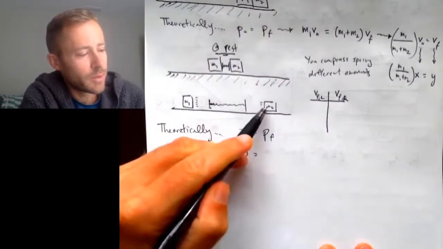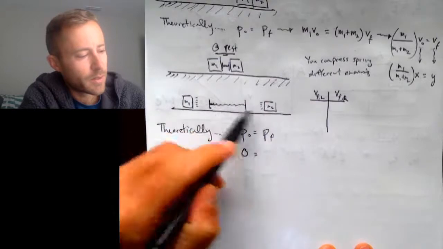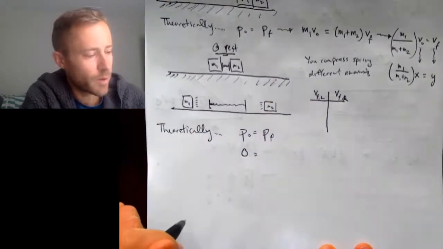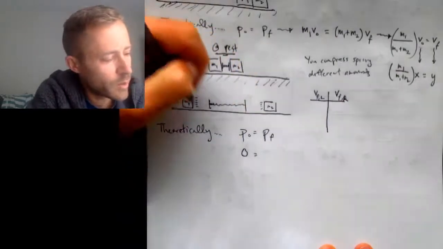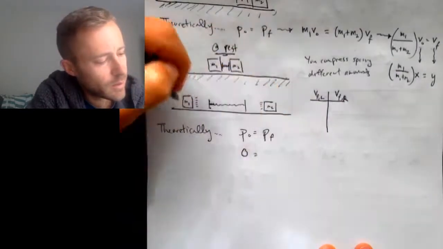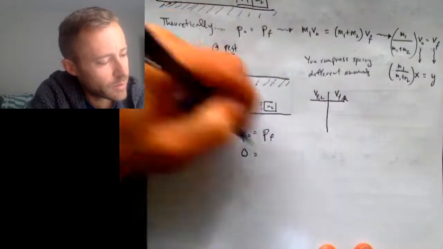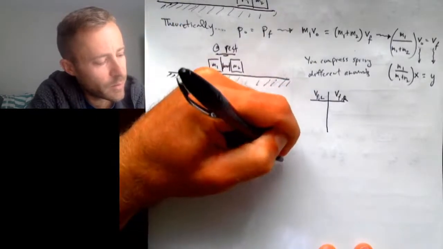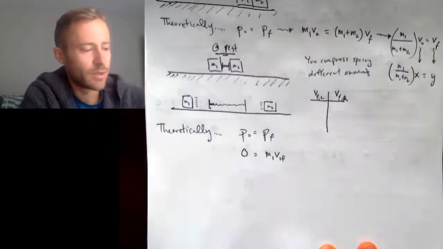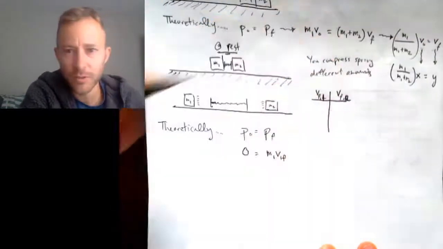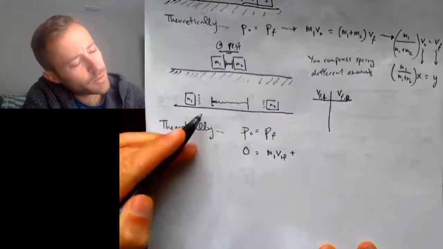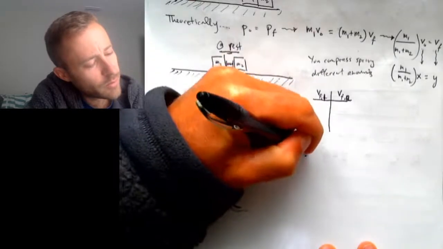The final momentum is the momentum of object 2 plus the momentum of object 1. So object 1's final momentum is M1 V1 final. So I should call this V final 1 and this V final 2. And then object 2's final momentum is m2 v2 final.